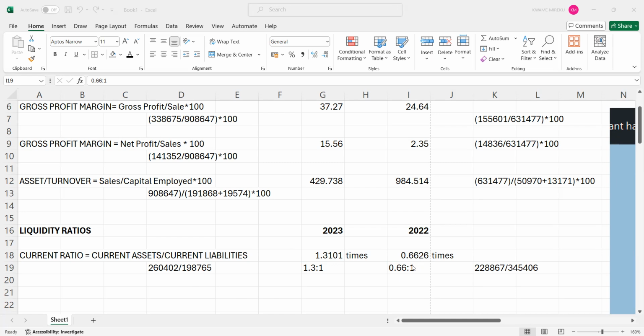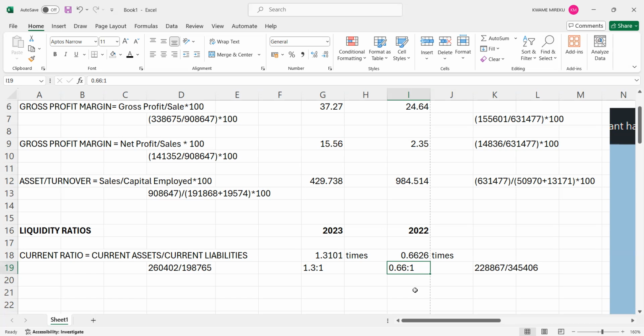But if we are using 2022 as the benchmark, it means the firm's ability to cover its debts has improved. Because initially, in 2022, it seems the firm had more short-term debt than current assets. That means the firm did not have enough current assets to pay for its current liabilities.